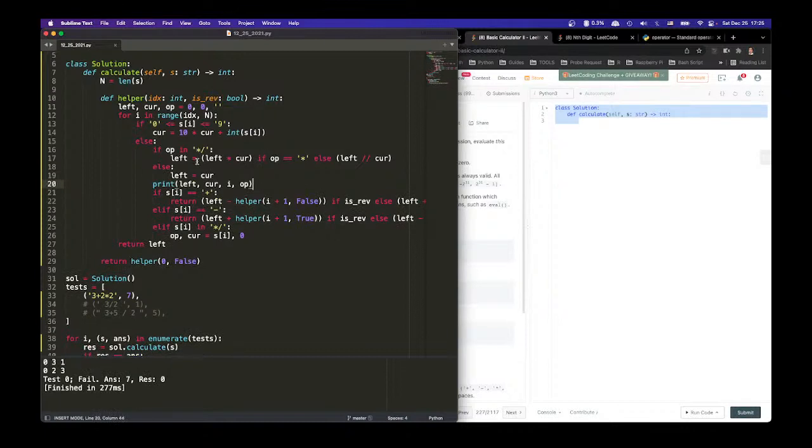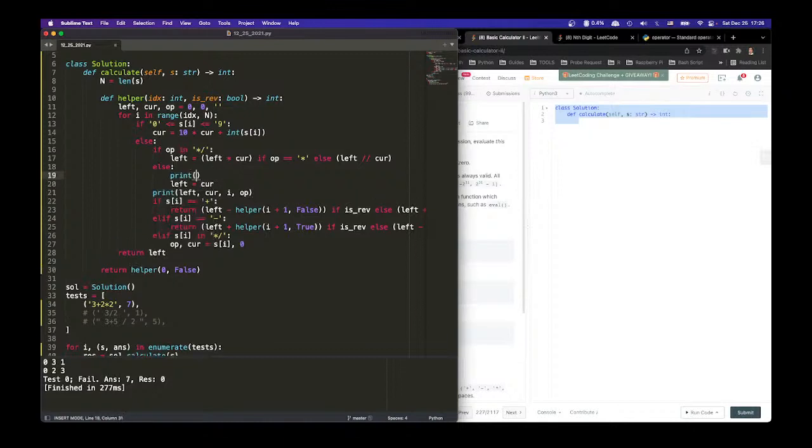What? I said the left equals current. How is the left still 0? Huh. Are we inside here?